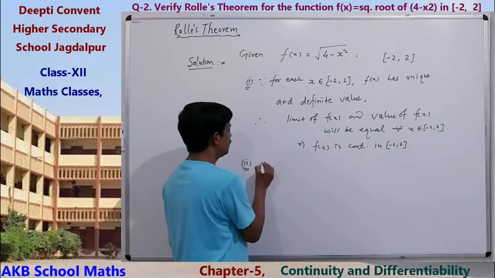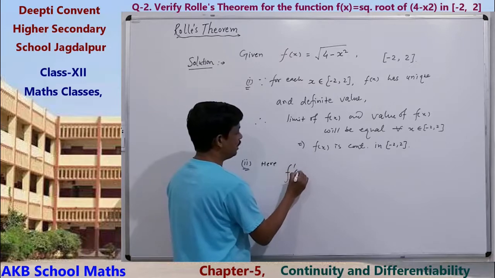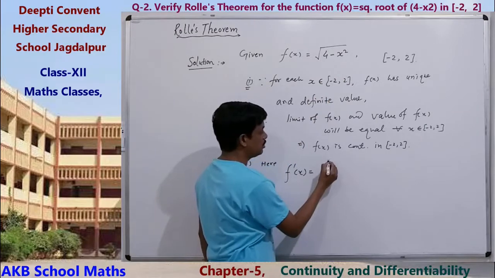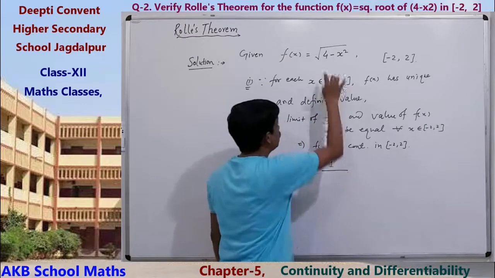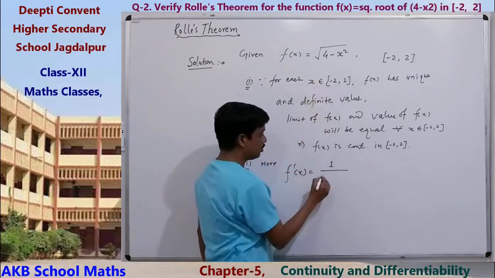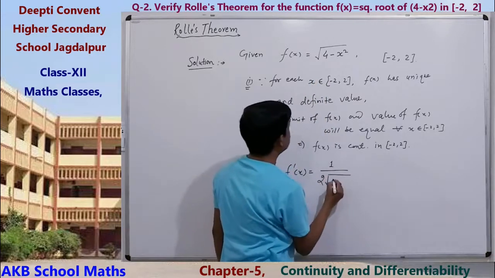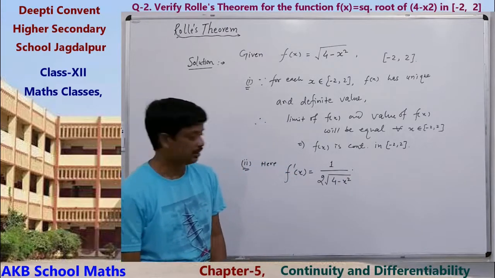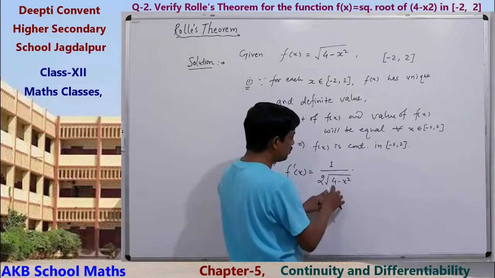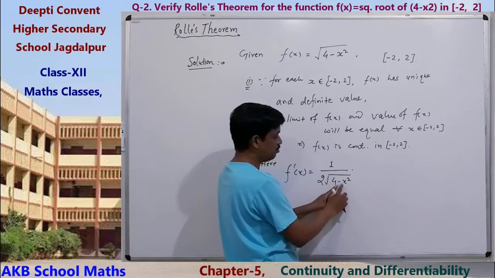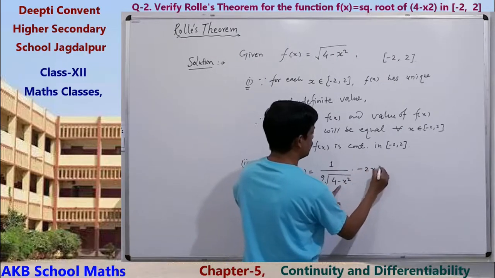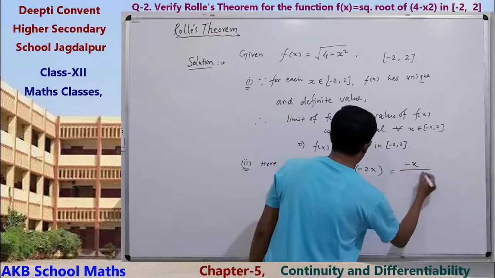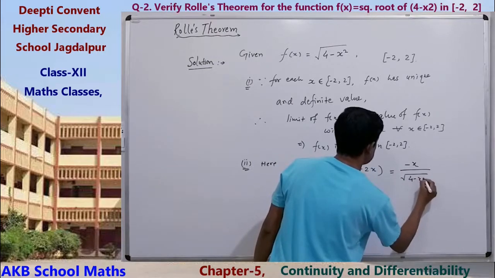So here, find the derivative f dash x. f dash x equals the derivative of this, which is 1 upon 2 root of 4 minus x square, and also the derivative of the inner part, 4 minus x square, is 0 minus 2x. Clear? That equals, 2 cancels, minus x upon root of 4 minus x square.